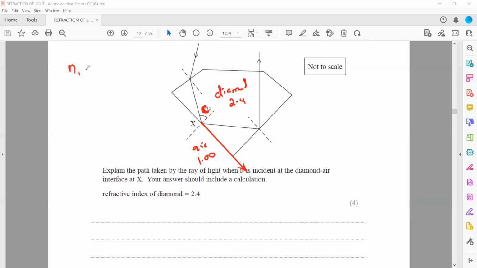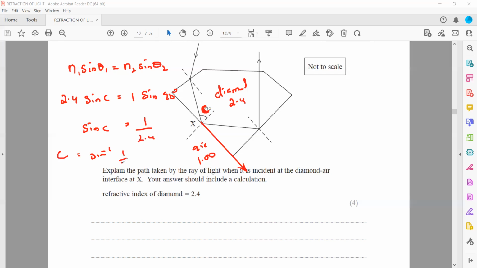We have the formula n1 sine theta 1 equals n2 sine theta 2. n1 is the refractive index. It's moving from diamond to air, so 2.4, and sine theta 1, which is the critical angle, we don't know. The refractive index of air is 1, and the angle of refraction will be 90. So sine C will be equal to 1 divided by 2.4, or we'll take the sine inverse of 1 divided by 2.4.